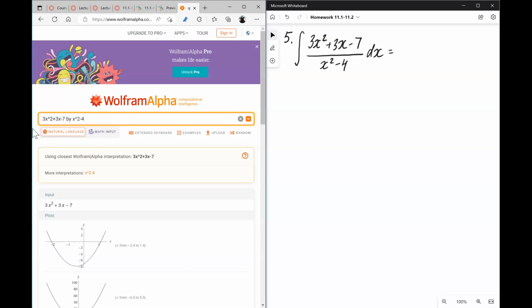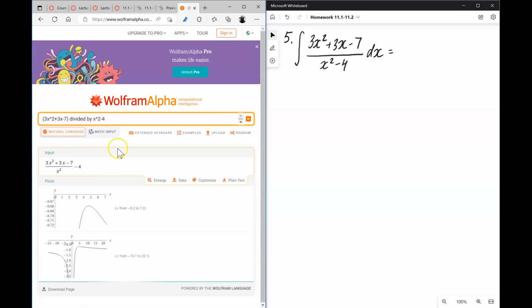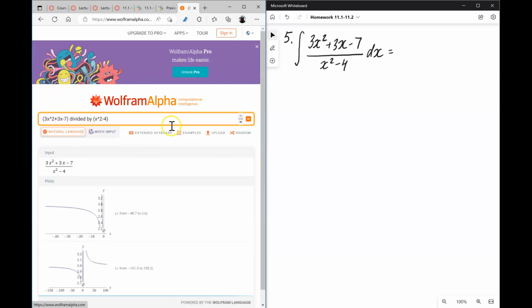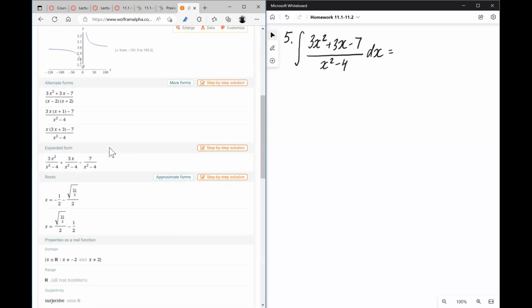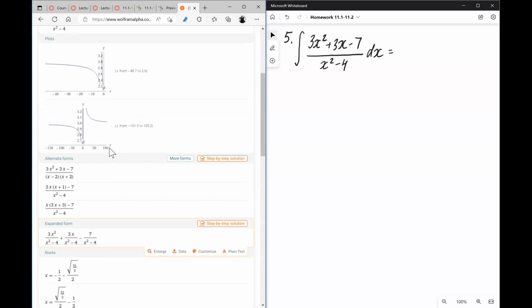It doesn't. I might have to do this by hand, the long division. It understands it as a rational function, but for some reason it just refuses to do the division.